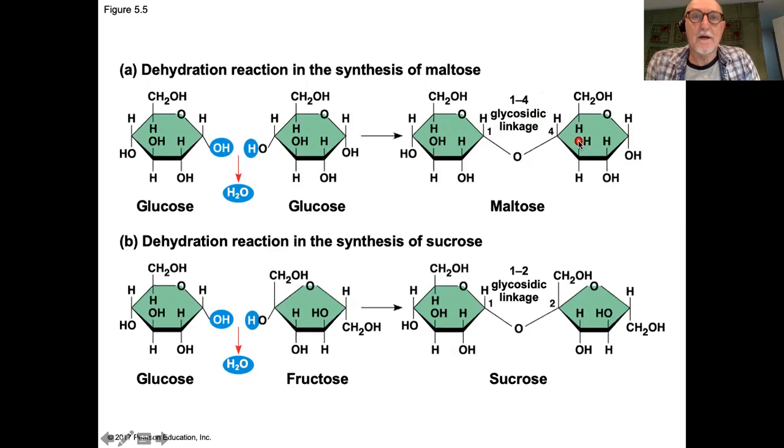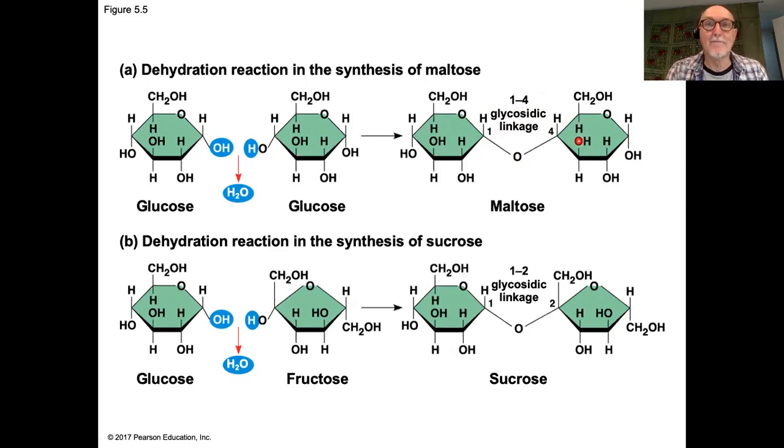This is another sugar, which we commonly encounter, especially in microbial systems. It is commonly produced from fermentation by microbes, and it is used by microbes. It's a sugar called maltose. And it is the same sugar that gives malted products their flavor.